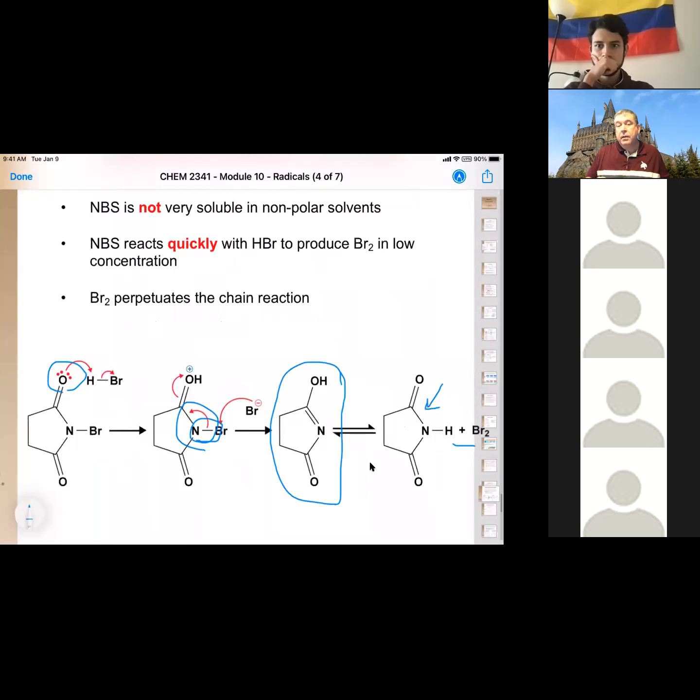Okay. So by changing it from that radical mechanism to this nucleophilic mechanism, we get to that low concentration of bromine, which then can be formed into two radicals and be used in the reaction. All right, questions on that?